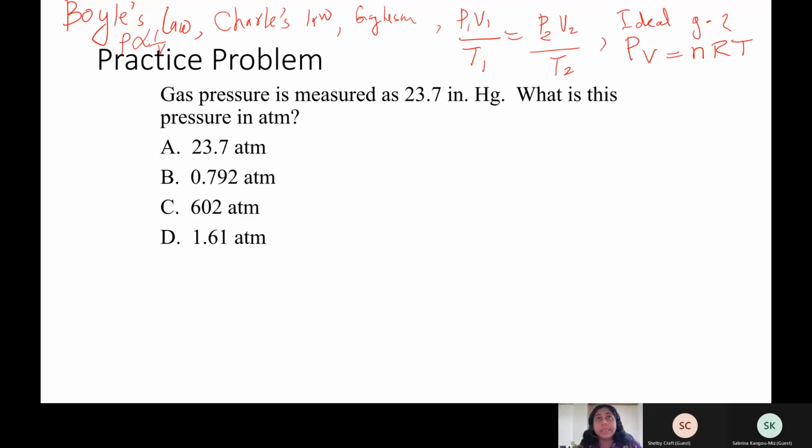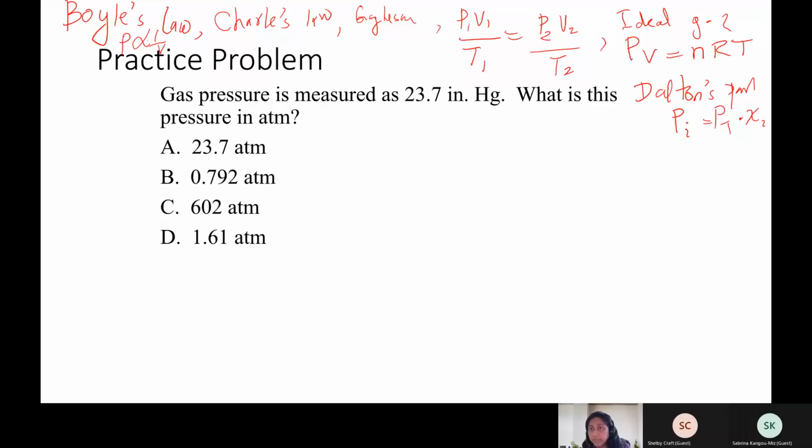What else? Dalton's partial pressure law: the pressure of an individual gas equals the total pressure multiplied by chi, that's the mole fraction. Then we talked about the van der Waals equation.